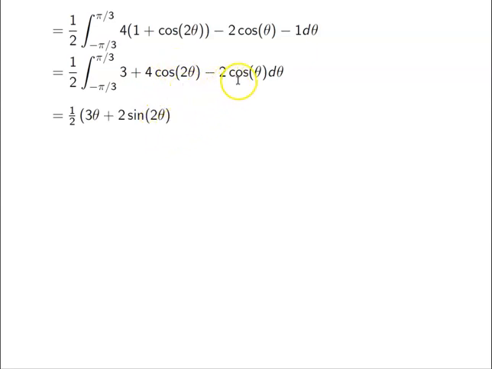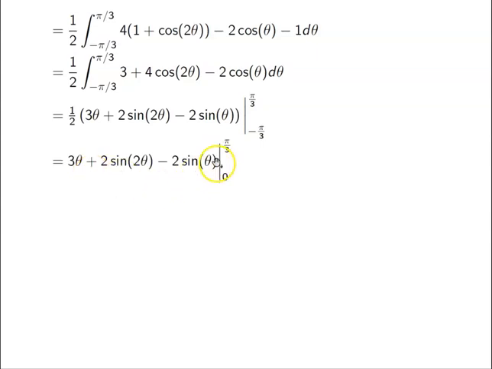This will be minus the sine theta. Okay, the 2 in front. And we will evaluate, oh, yeah, that should be it. And then we should evaluate from pi over 3 to negative pi over 3. We can go ahead and distribute this 1/2 in as well, or we can pull out a common 2 here, which will bump this up to a 6. Doesn't really matter.